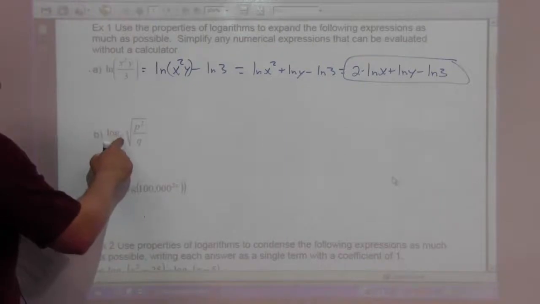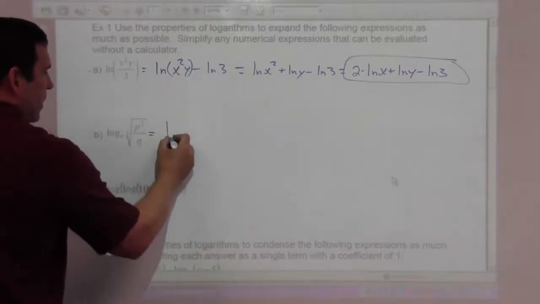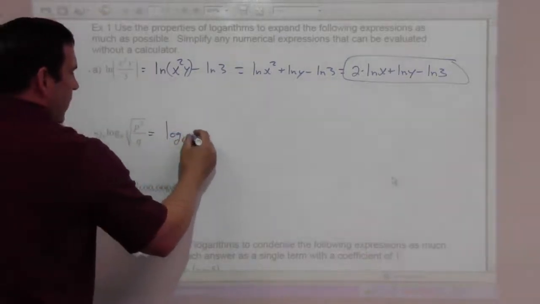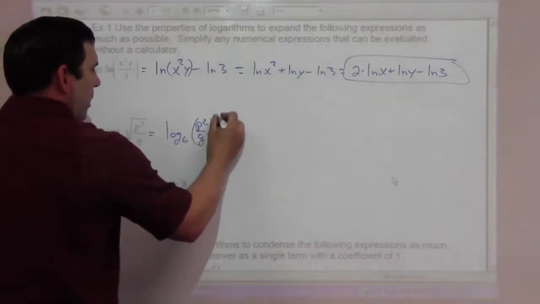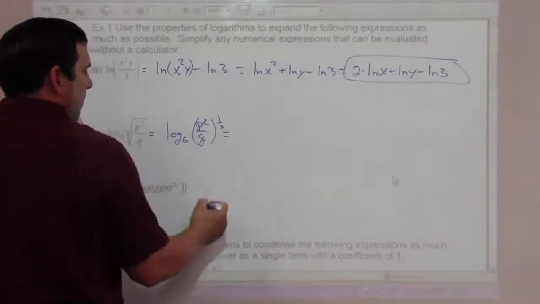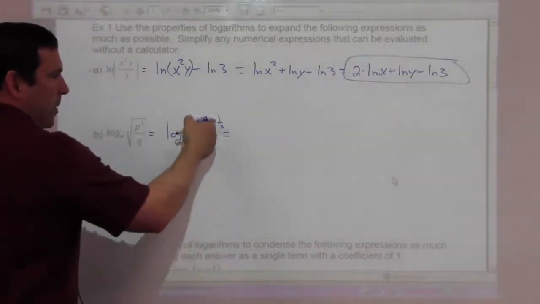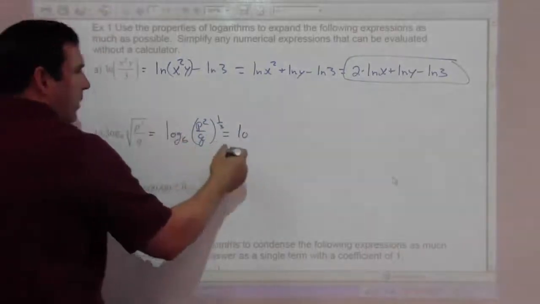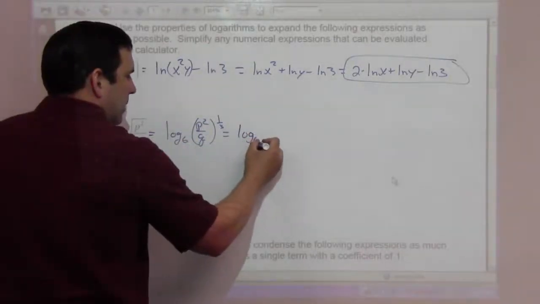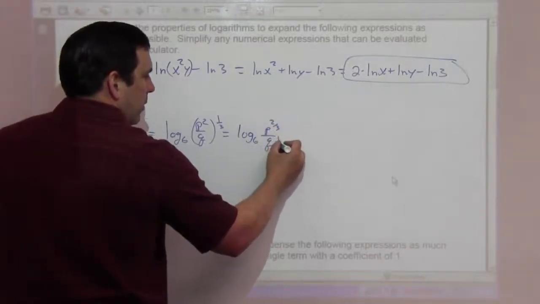Next one, log base 6 of the cube root of p squared over q. So treat this as log base 6 of p squared over q to the 1/3 power. You have a couple ways to go about this. I'm going to give this power to these first and then pull it out at the end. You could pull it out now. Log base 6 of p to the 2/3 over q to the 1/3.